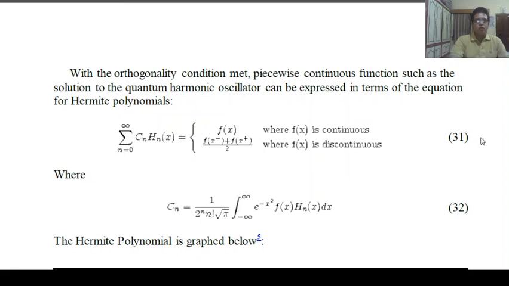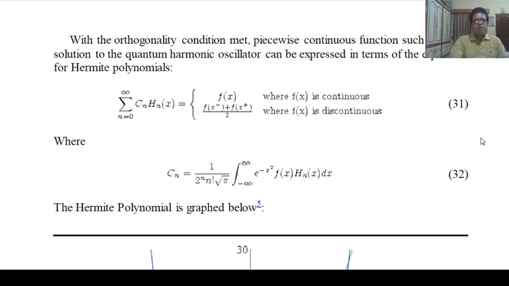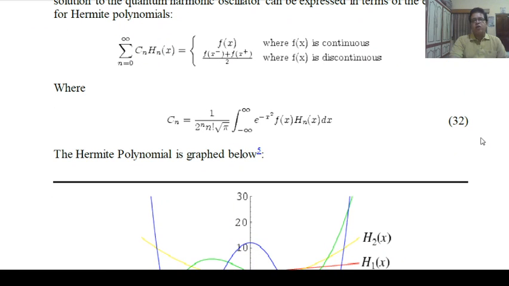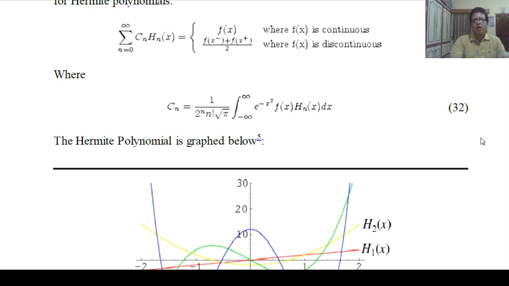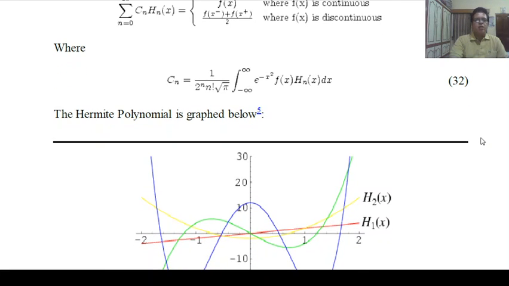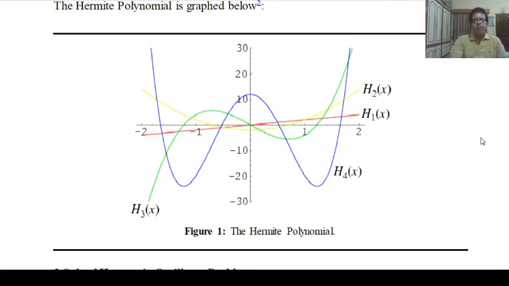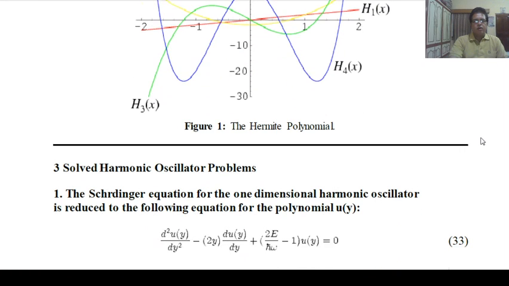Summation n equal to 0 to infinity, Cn Hn(x) equal to f(x), where f(x) is continuous, and equal to f(x minus) plus f(x plus) upon 2, where f(x) is discontinuous, where Cn equal to 1 upon 2 raised to n factorial n under root pi, integral minus infinity to infinity e raised to minus x square f(x) Hn(x) dx. The Hermite polynomial graphs for different orders are shown in this graph.